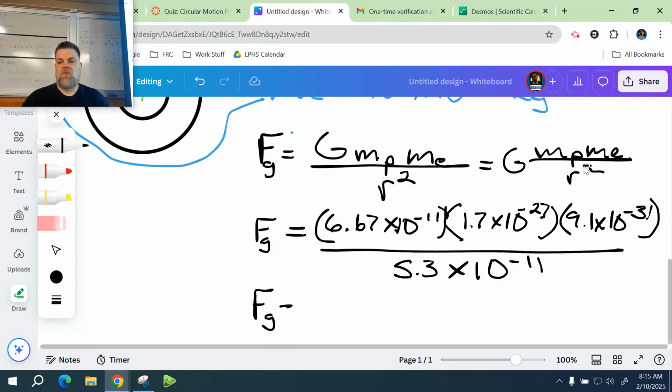Either way would work. But back to the answer, we've got 3.67 times 10 to the negative 47 newtons. And that's it.